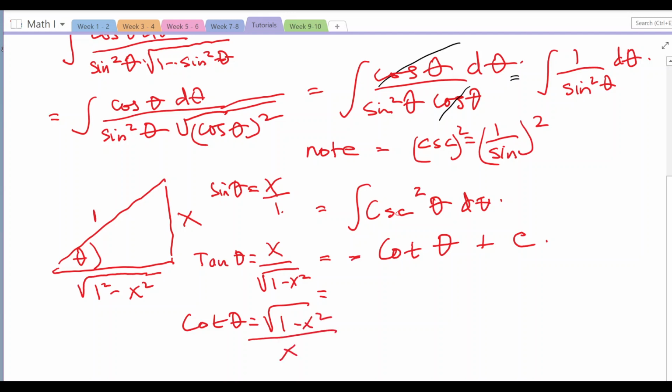Remember there is a negative sign there. Therefore the final answer will be minus square root of 1 minus x squared all over x, which is the final answer for the integration problem.